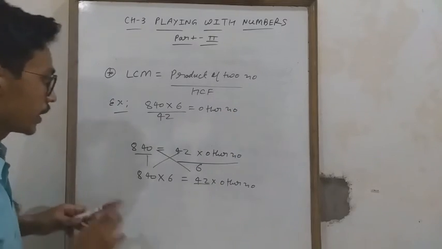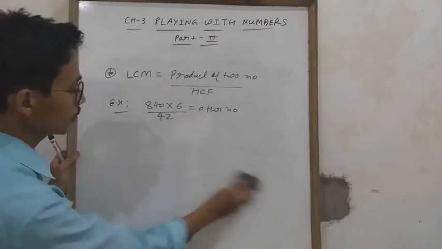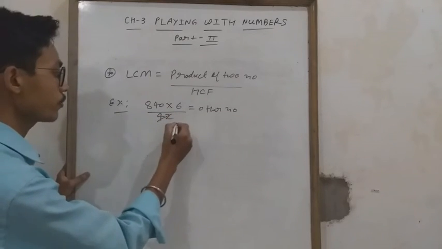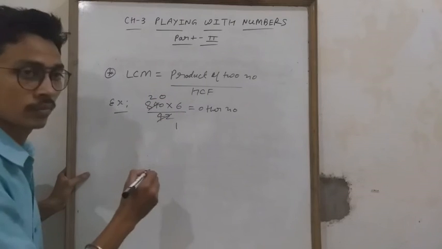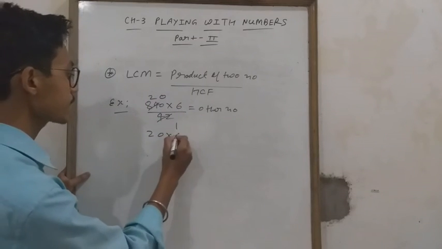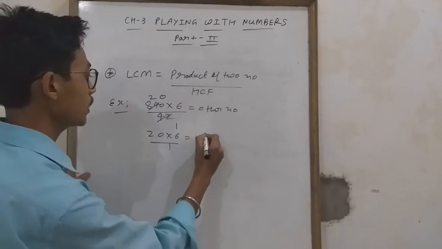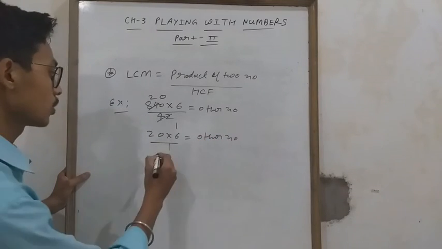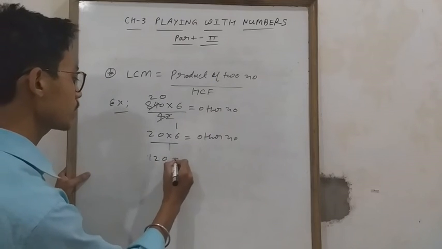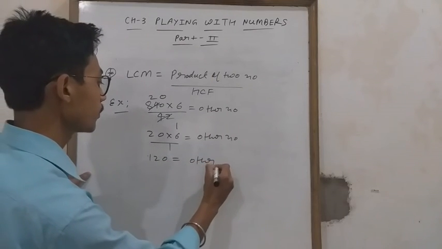This is very easy. Now student, you have to solve this question. I know 42 ones are 42, 42 twos are 84, and 0. So this will become 20 multiplied by 6 upon 1 equal to the other number. Is this clear? So 20 into 6, student, 120 equal to the other number.